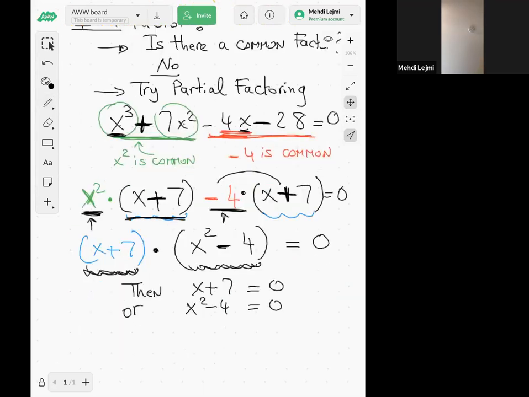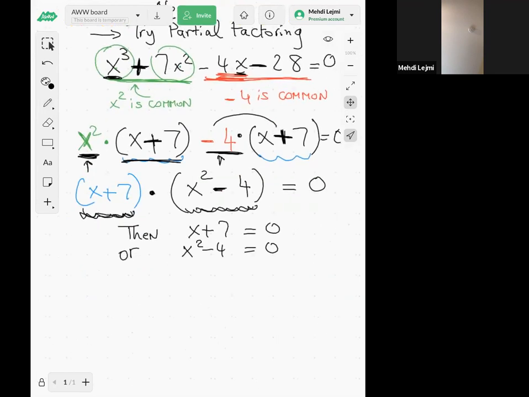So now, x plus 7 is 0, then my x would be, of course, -7. Or x squared minus 4 is 0, so you can add 4 to both sides. Then x squared is 4. So you apply square root, so your x is plus or minus.